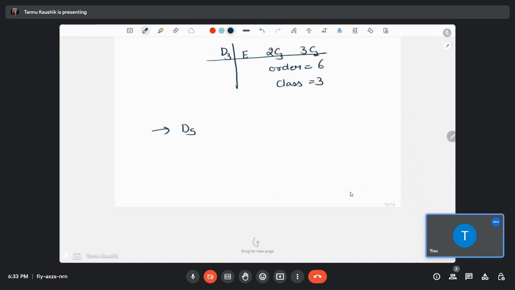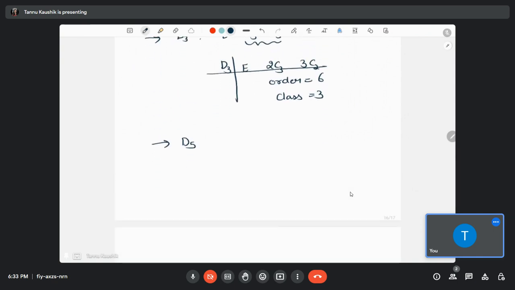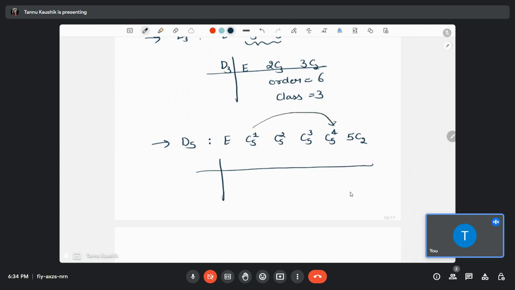Similarly, if we take the example of D5, which has these symmetry operations E, C5^1, C5^2, C5^3, C5^4, and since n is odd, there will be nC2 here, that is 5C2. All of them will be in the same class, and these two will be in the same class, and these two will be in the same class.